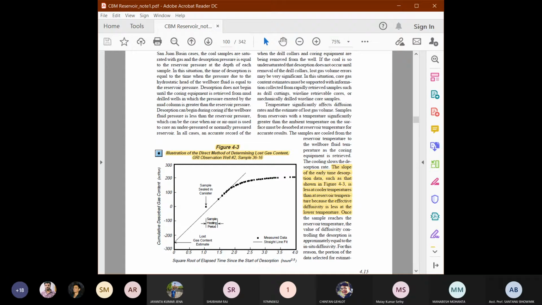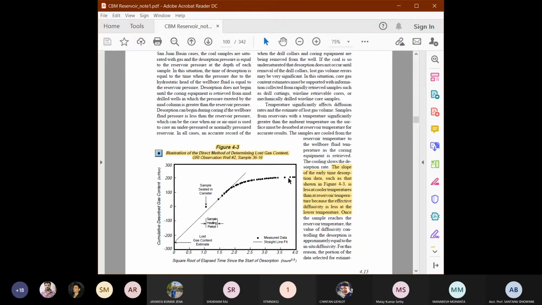And whatever slope you get, you can see that initially there is a steep, more or less linear slope. Okay, and then as time goes, the desorption reduces because of the reduced gas content, and then you will see a flat graph, so there is no pressure increment or gas increment.